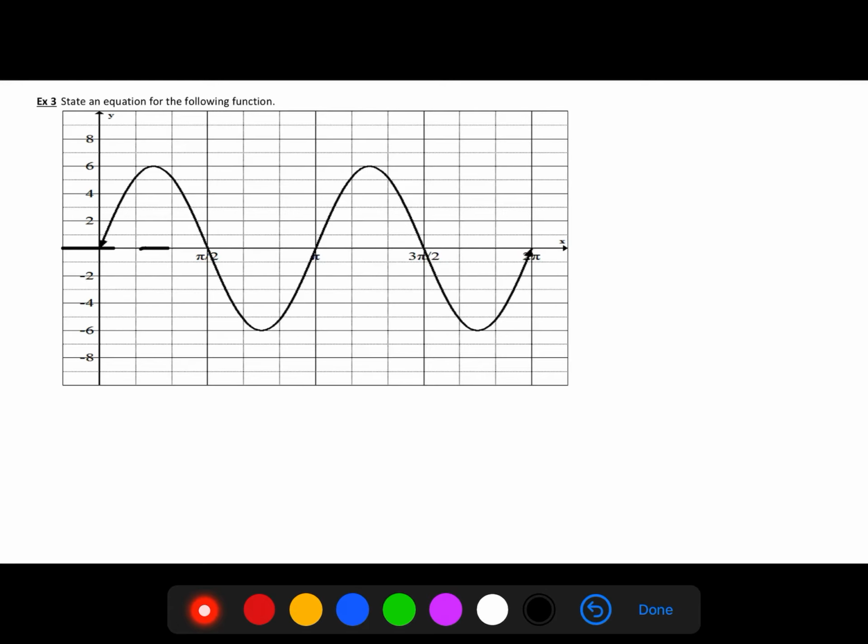Now, last question here, example number 3. We want to come up with an equation for the following function. First thing we're going to do is draw a line in the middle of our graph, because either of our functions, y equals cos theta or y equals sine theta, should be centered on the x-axis for our base graph, which this is. So this tells us that there is no vertical translation.